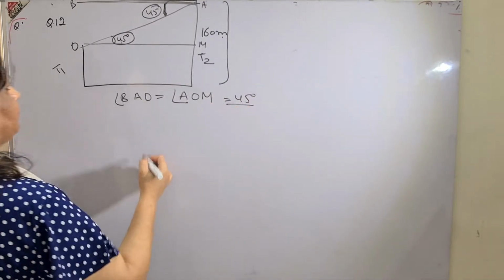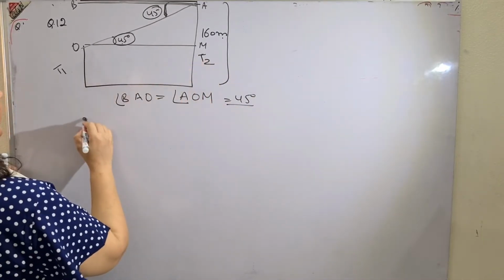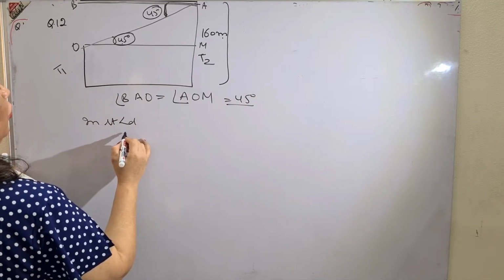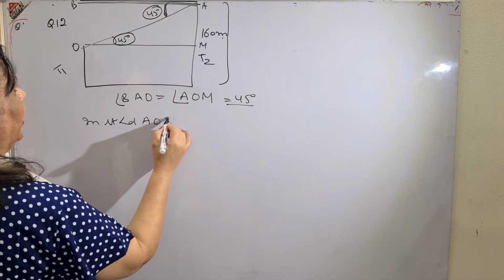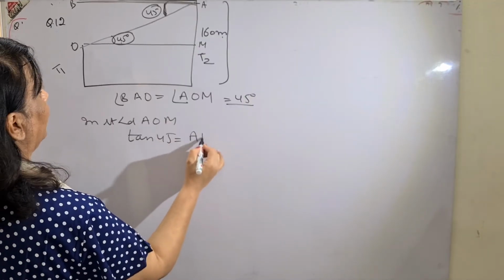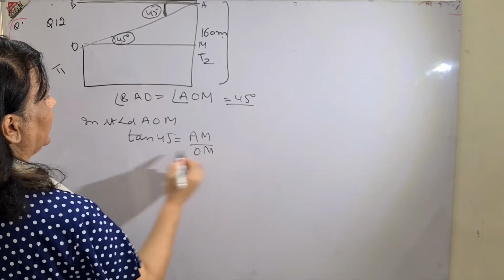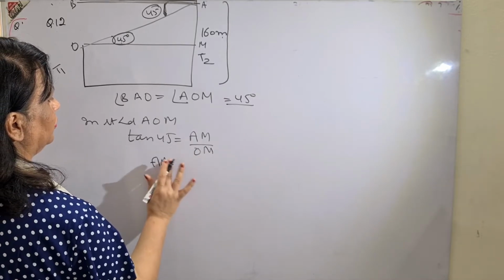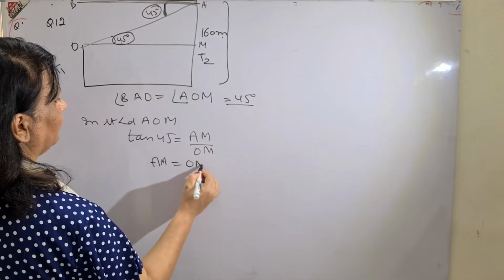Then second, in right angled triangle AOM, tangent of 45 is equal to AM upon OM. But tangent 45 is 1, so AM is equal to OM.